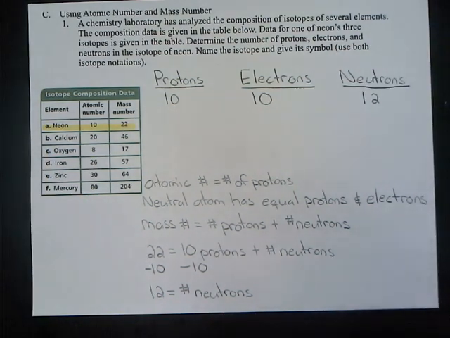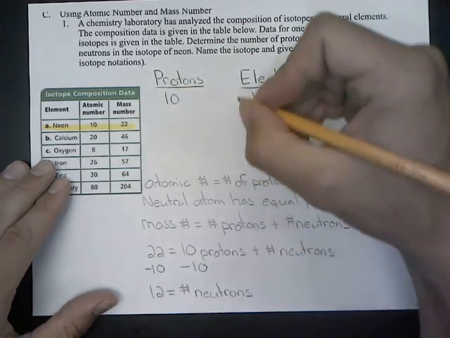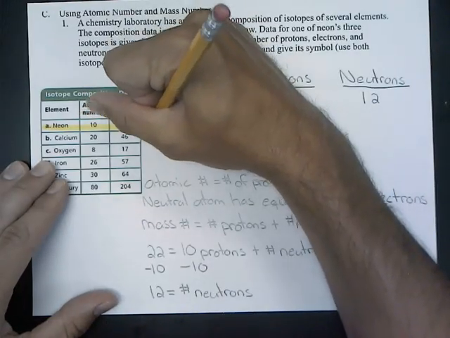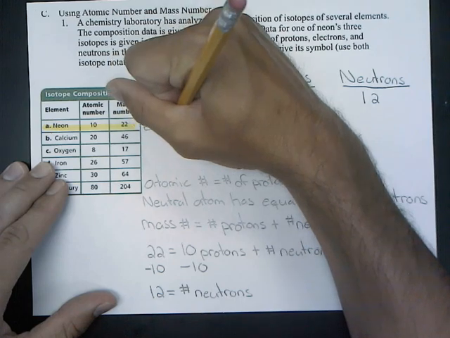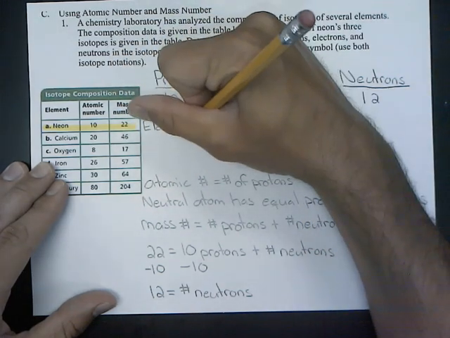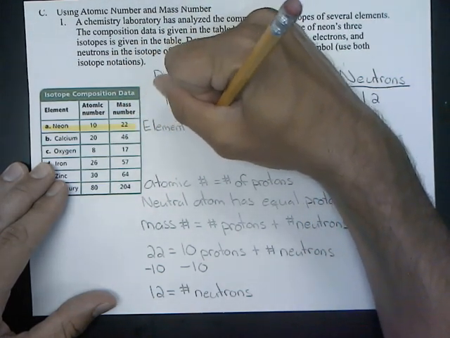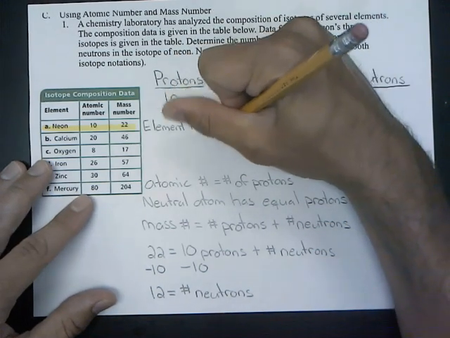Now we have to go through and put the isotope notation both in the element symbol and the element name form. So what we have here, I'll call this the element name, and you might see this listed as the longhand notation.